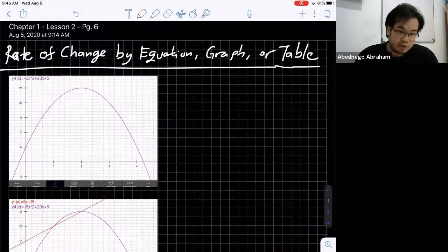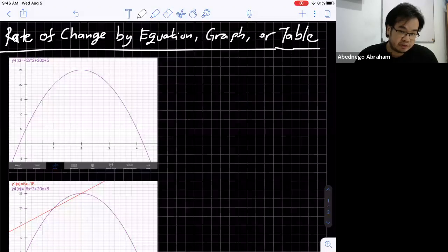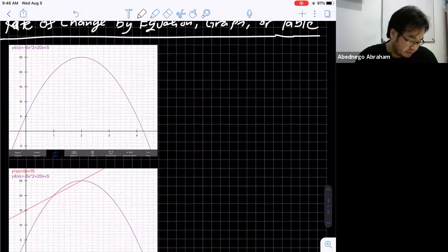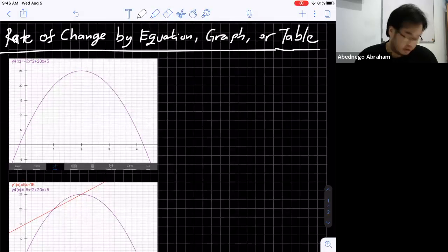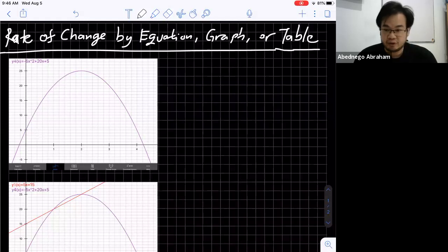If you look at the screen, I have given you an equation of a parabola, a quadratic function. The equation is y equals negative 5x squared plus 20x plus 5. Now, if you are given only the graph, how can we estimate the instantaneous rate of change? Actually, the principle is the same.